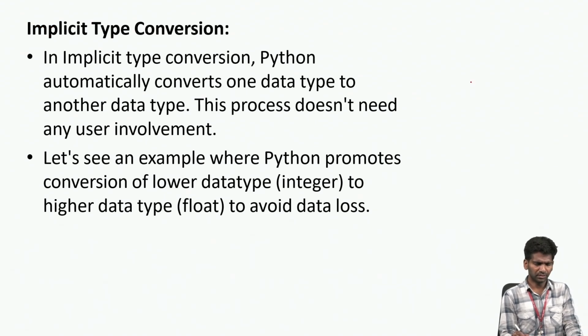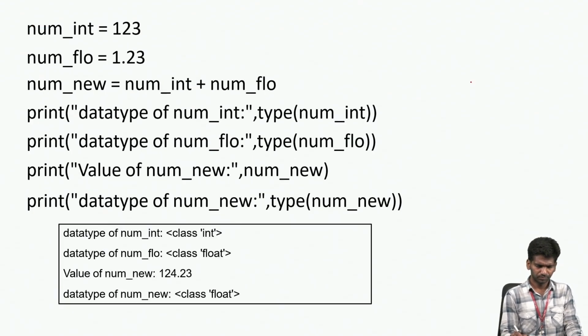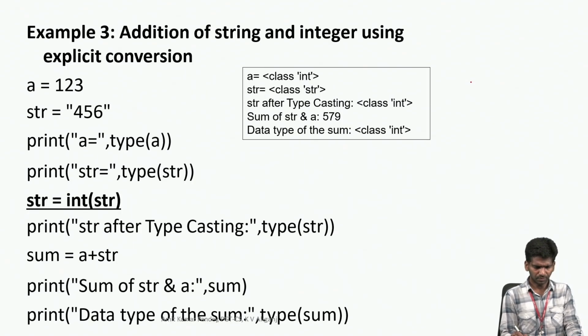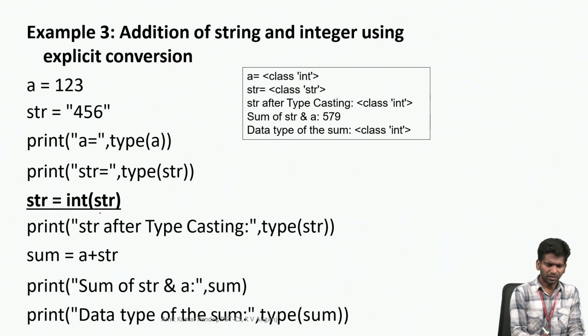We have seen implicit type conversion. Explicit type conversion also. In explicit type conversion, here is a and b, a and str string.